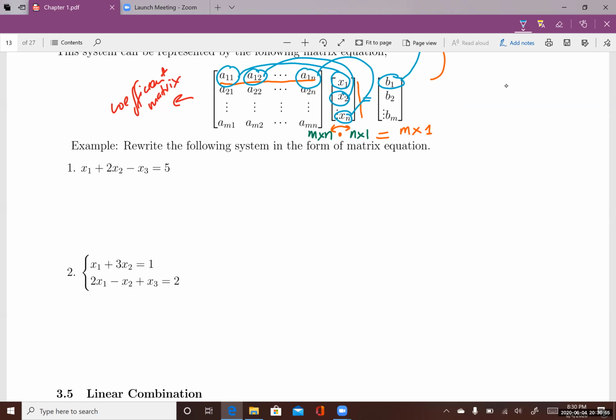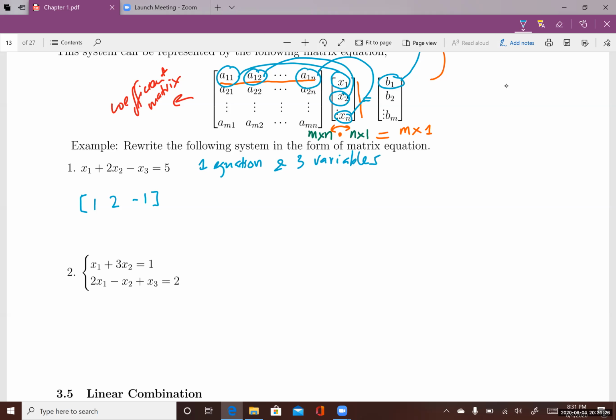Rewrite the following system in the form of a matrix equation. This is a system of 1 equation and 3 variables. That means from this system I can find the coefficient matrix, which is only 1, 2, and -1.